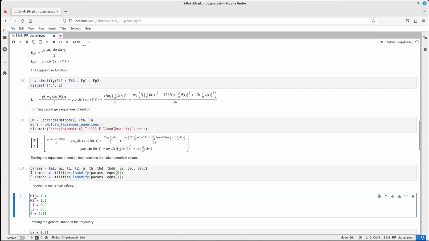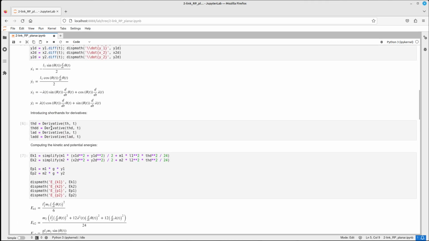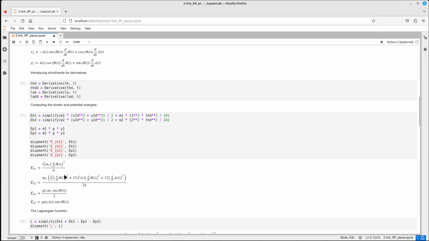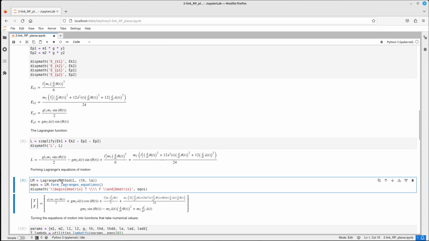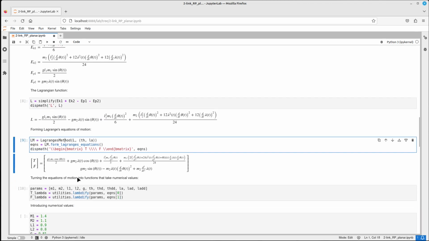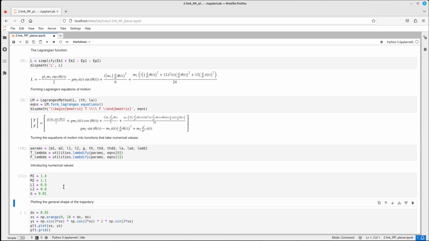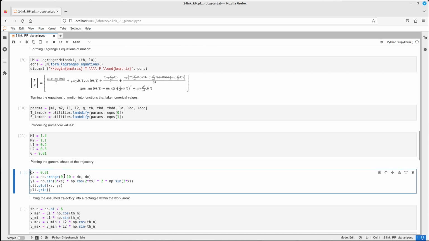You have to assume some M1, M2, L1, L2, and G. I'm using capital letters here to differentiate between the symbolic values as well as the numerical ones. So okay, that's what we have here. And now we're gonna assume some general shape of the trajectory.